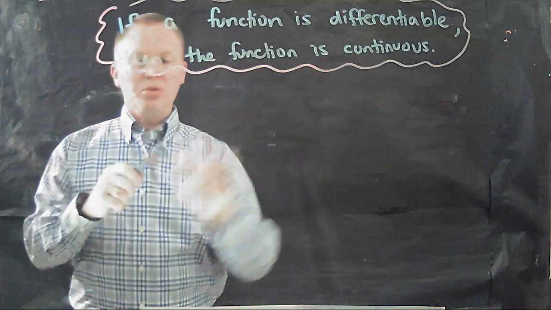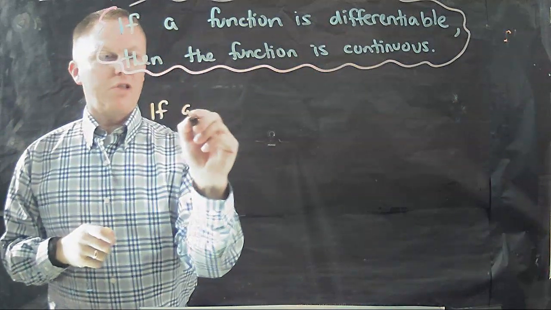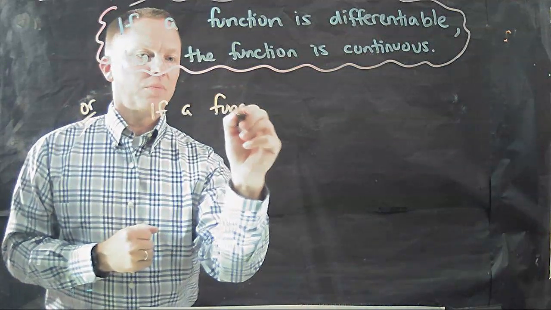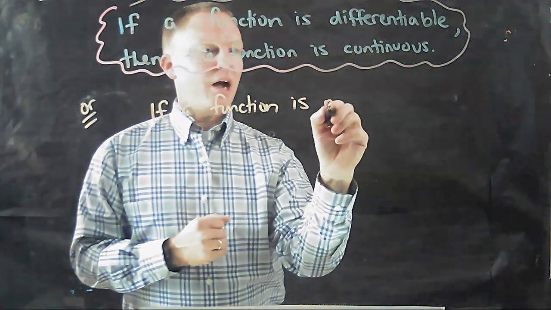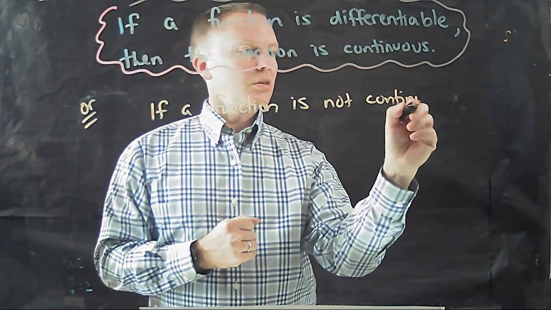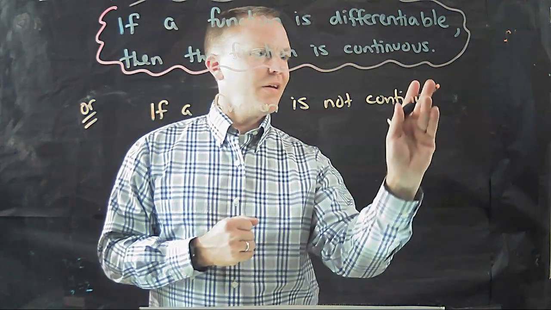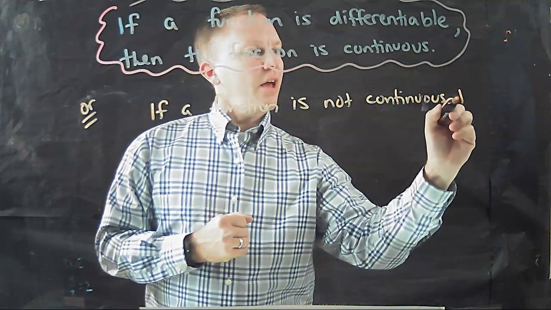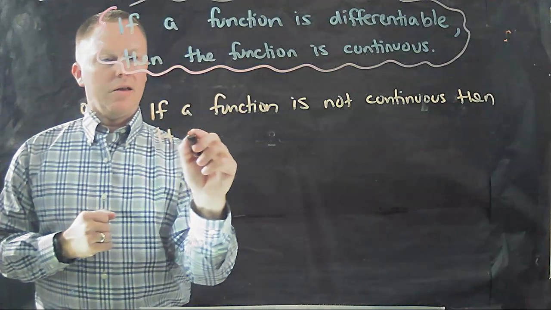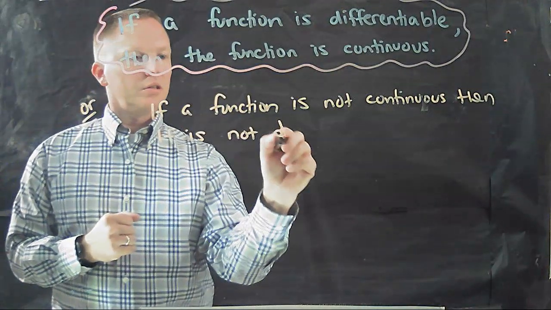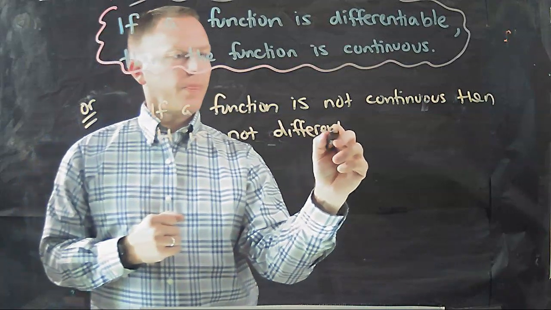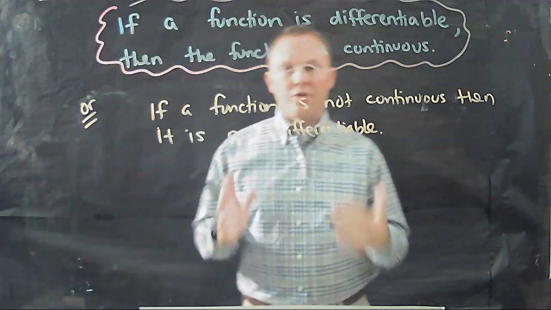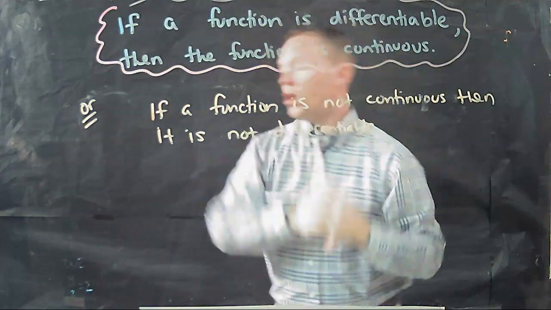So you negate the conclusion and the hypothesis: if a function is not continuous, then it is not differentiable. Okay? If a function is not continuous, then it's not differentiable. These two statements are equivalent.